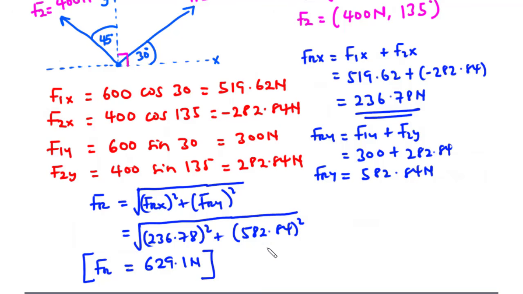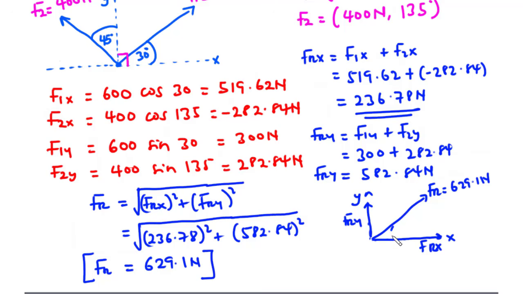Now let's find the angle theta, the angle the resultant force makes with the positive x-axis. So we have the x-axis, we have the y-axis, and then we have this force, Fr equals 629.1 newtons. Because we have positive values for Frx and Fry, it means that we have our diagram in the first quadrant. So this is Fry, and this is Frx. This is our angle theta.